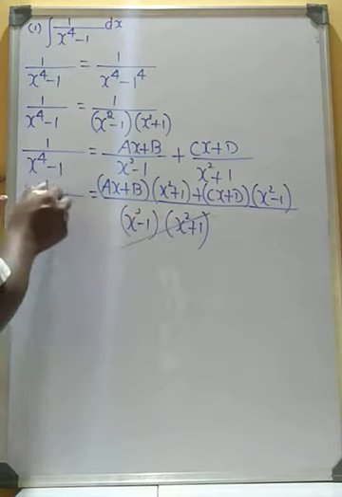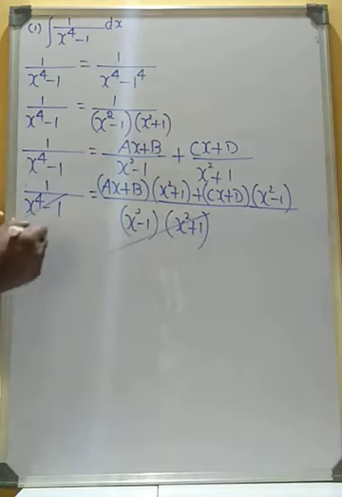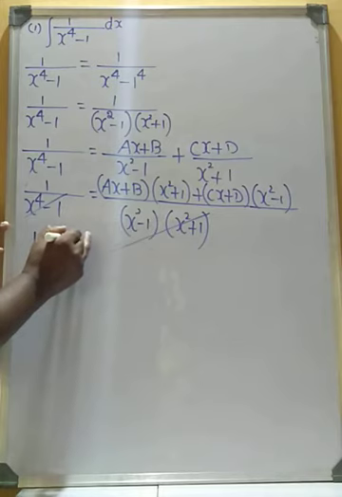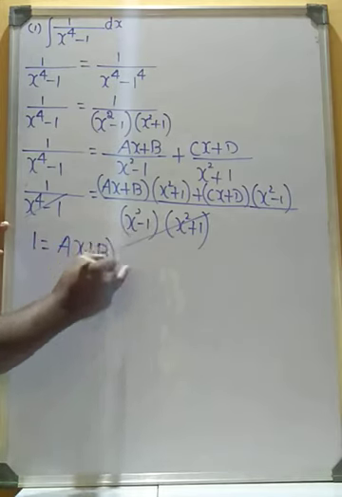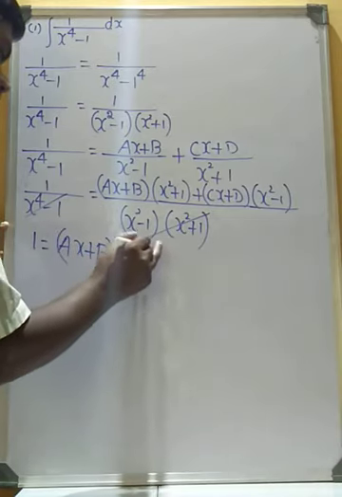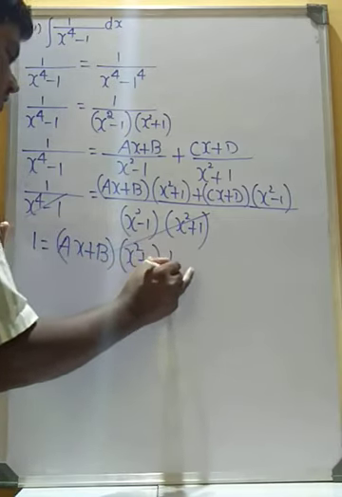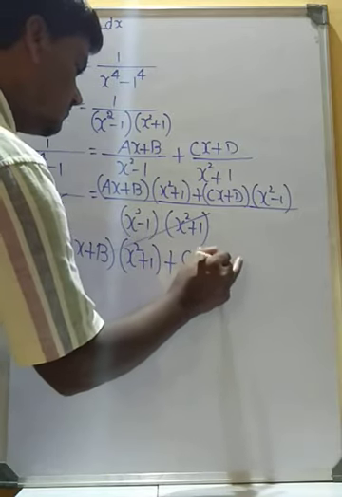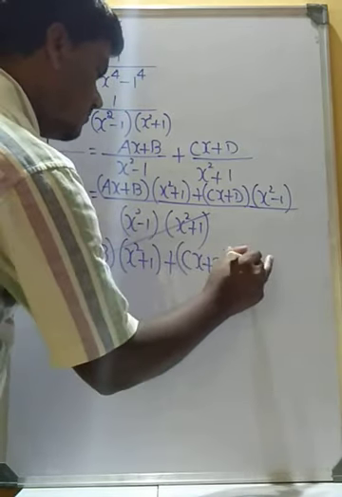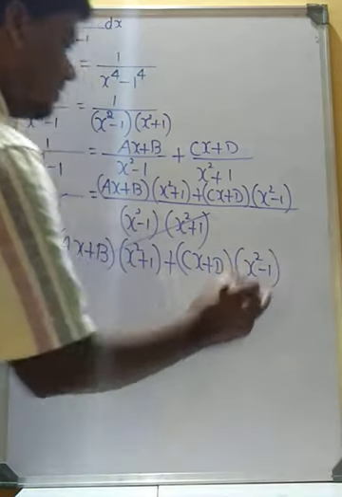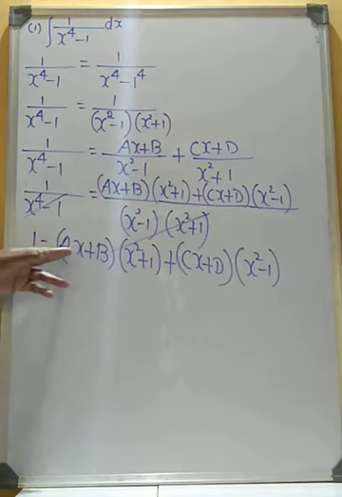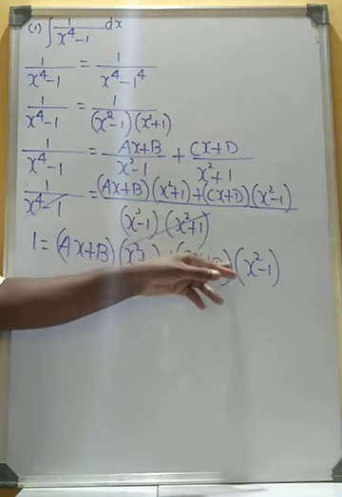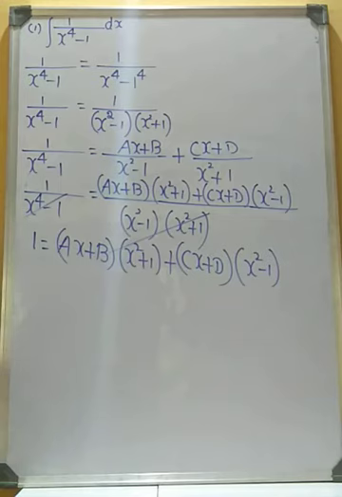The denominator on both sides gets cancelled. Therefore 1 is equal to ax plus b into x square plus 1 plus cx plus d into x square minus 1, where a, b, c and d are constants to be determined.